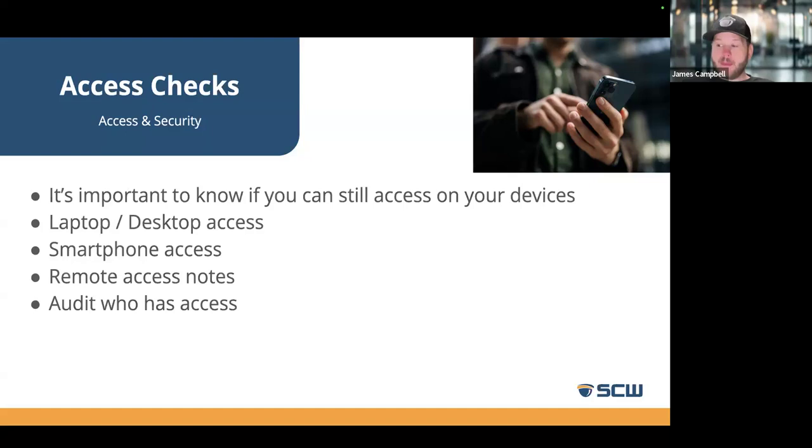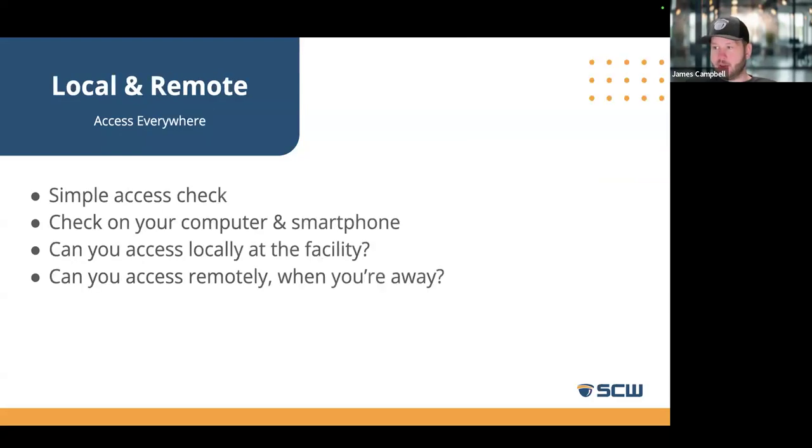On top of that, we need to audit who has access. A lot of these systems over time, or some of them out there, I should say, don't get managed very well in terms of sharing access with somebody, sharing passwords, etc. And obviously, if you give the wrong password to somebody, that could be an issue.